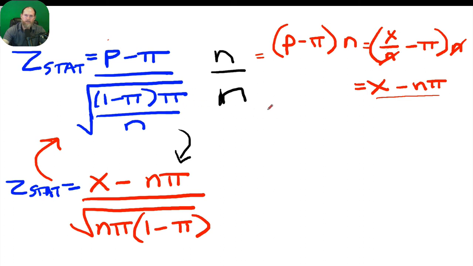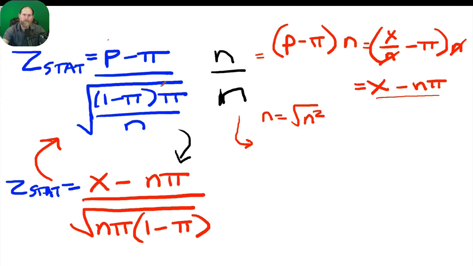Now, how we get the denominator is a little bit more complicated. The main thing is, how do we multiply n times a square root of something? Well, it's kind of sneaky the way we do this mathematically, but n is really equal to the square root of n squared. This seems awfully redundant. We would never write it this way, but to sneak it inside here, we're going to do that.